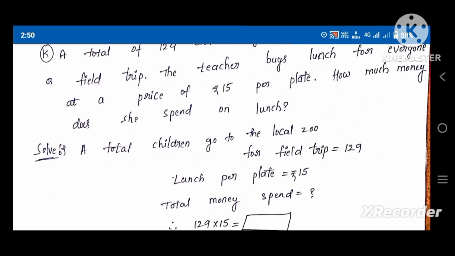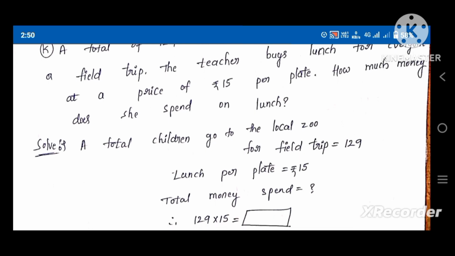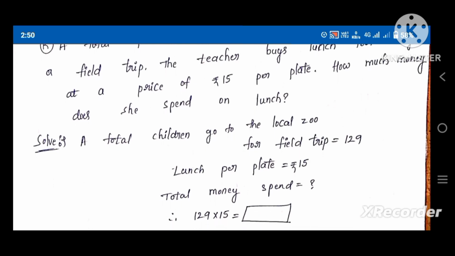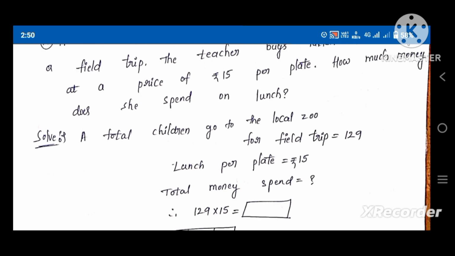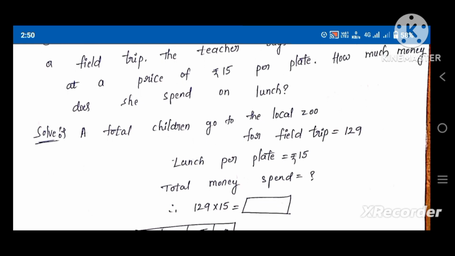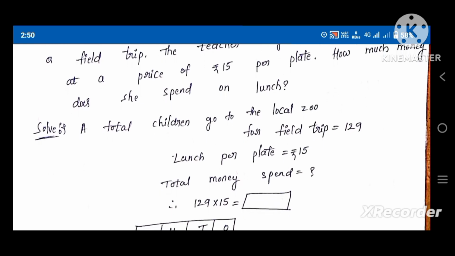Solve. A total of children going to the local zoo for a field trip is equal to 129. Lunch per plate is equal to rupees 15. Total money spent we find.